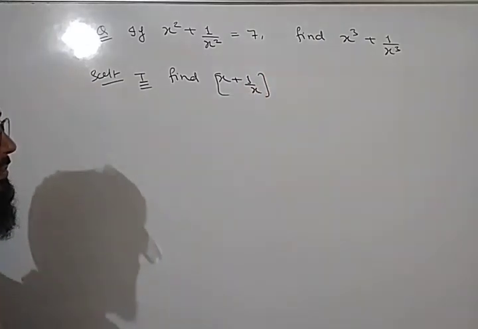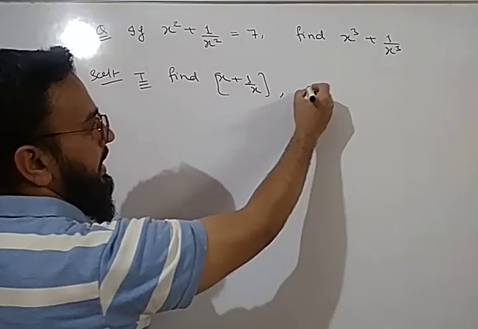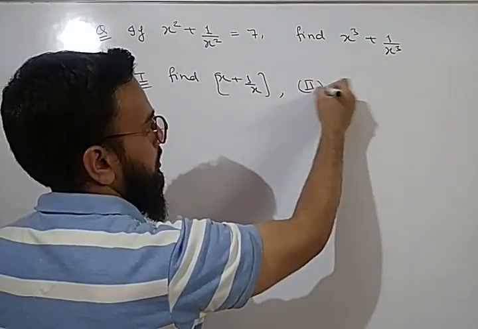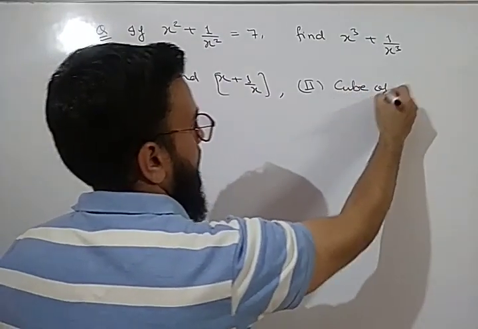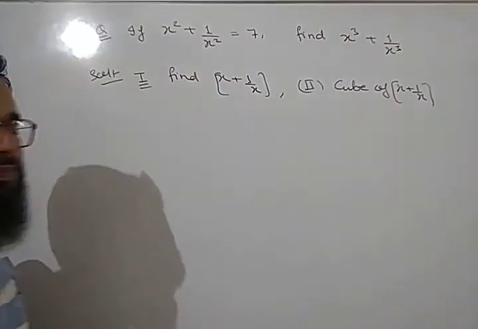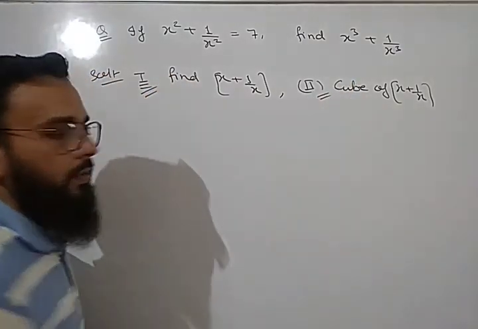This is the first step. Okay, if you find x plus 1 upon x, then the second step will be the cube of x plus 1 upon x, and we can get the answer. So these are the two steps, the first step and the second step.